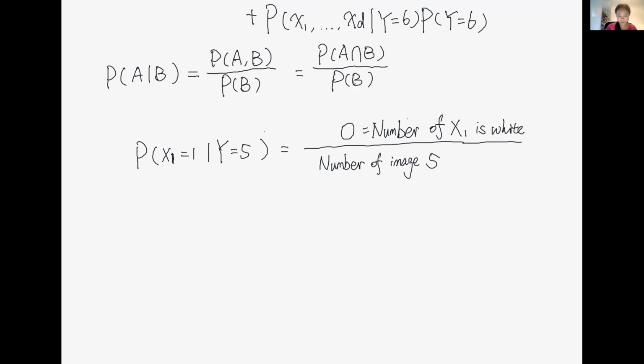None of them. So the probability of my first pixel being 1 on the condition that the image is actually 5 is equal to 0.